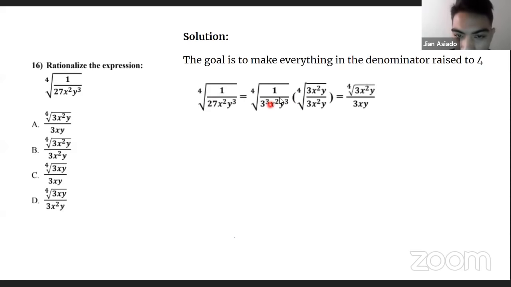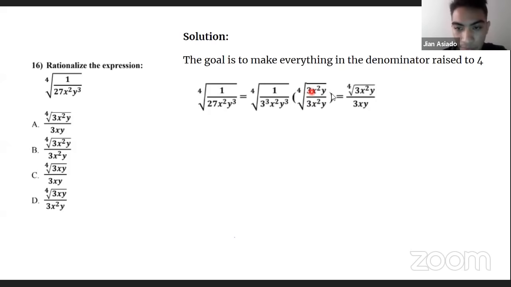Ganon din si x squared, ano yung kailangan mong i-multiply para maging x raised to 4 siya. And then ito naman si y, anong kailangan mong i-multiply sa y cube para maging y raised to 4, no? So, ang kailangan nating i-multiply sa 3 para maging 3 raised to 4 ay 3 raised to 1, di ba? Kasi add lang 'yon, 3 plus 1. So, ito naman x squared equals x to the 4, then y cube, y is y raised to 4, no?